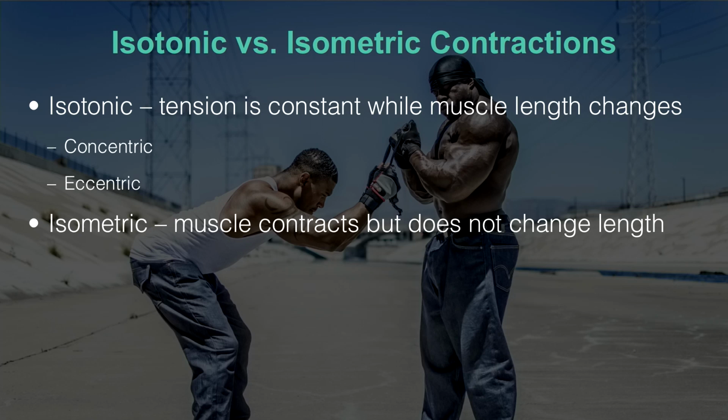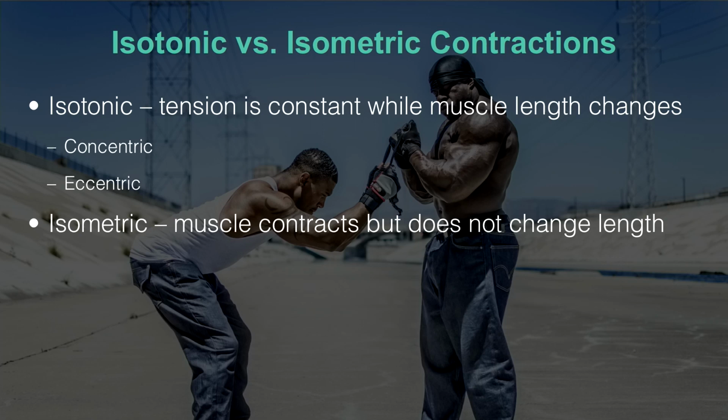If there is no change in muscle length, we call it isometric. Iso, stable or the same. Metric, unit of measure. The measurement of the muscle is the same. And you can consciously do both of these. You can sit there and clench your biceps and triceps, and there's no movement.